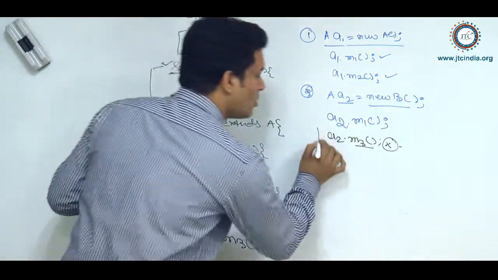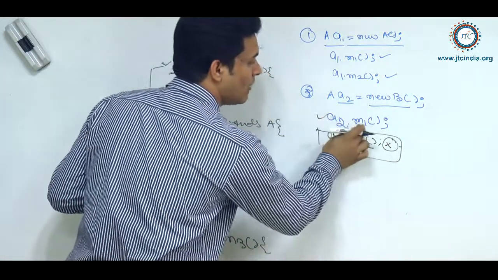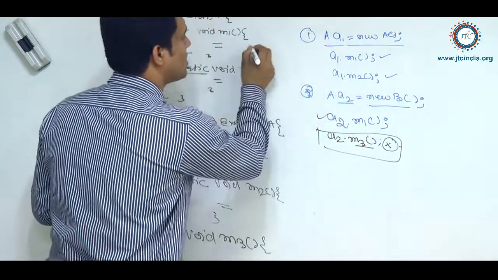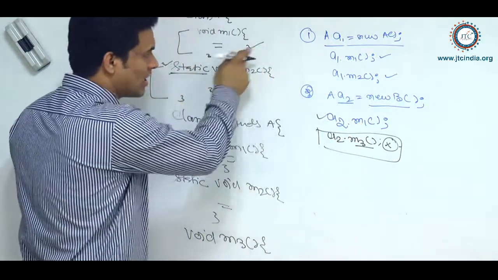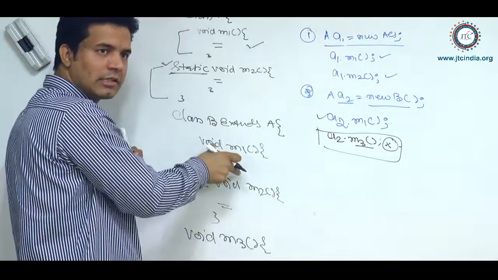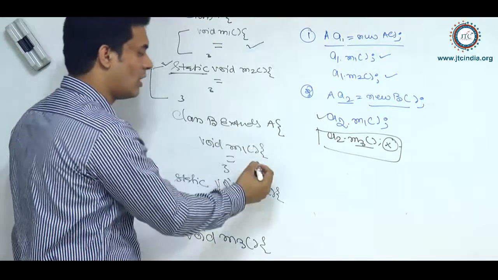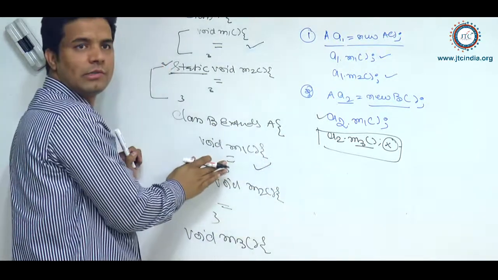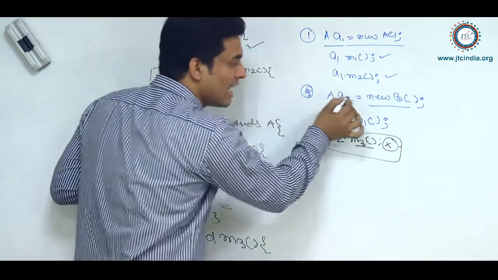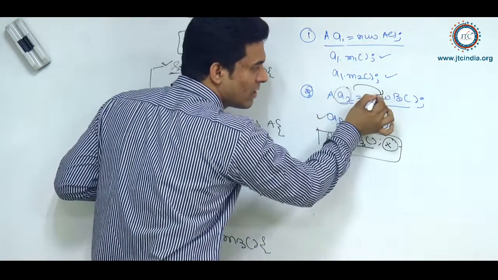Whereas when you call the A2.M1 method, it checks whether the M1 signature is there, and it is. Then it will search whether the implementation of M1 is there inside the subclass. If it is, it will call the subclass implementation, because inside A2 the object reference of B is available.